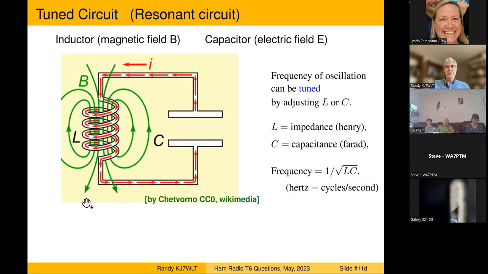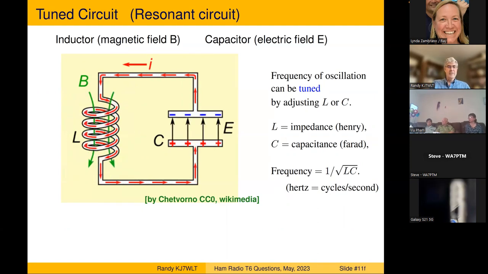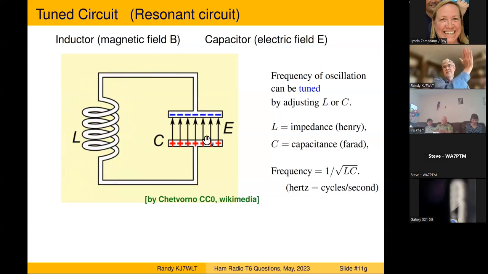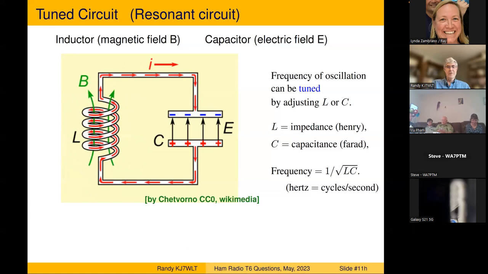So the current keeps flowing because of the current that's being induced by this inductor. And what happens is that all that charge now accumulates on the other side of the capacitor. So this is like the pendulum has gone all the way up to the other side. And then it just repeats, it goes back the other direction.